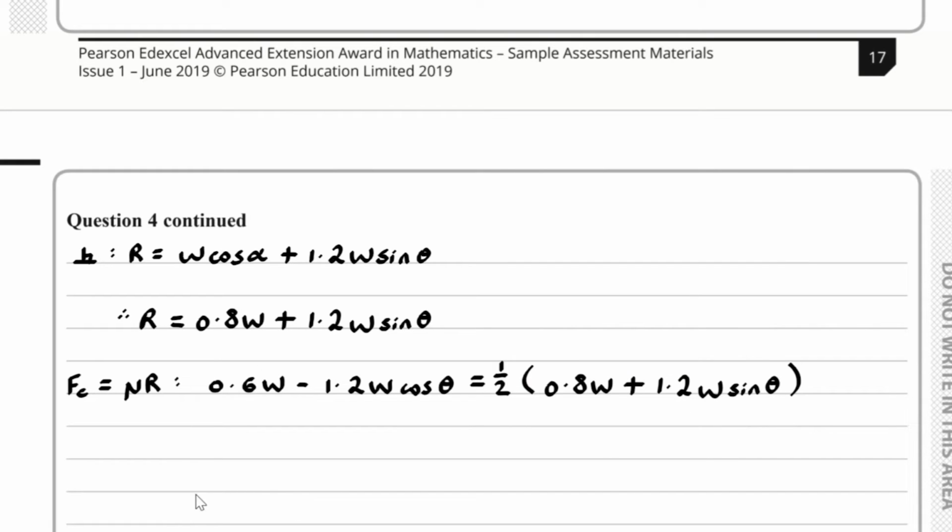And if we attempt to tidy this up, W's cancel, so I'm left with 0.6 minus 1.2 cos theta equals 0.4 plus 0.6 sine theta.